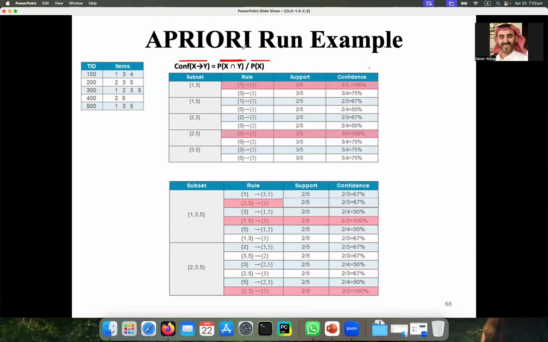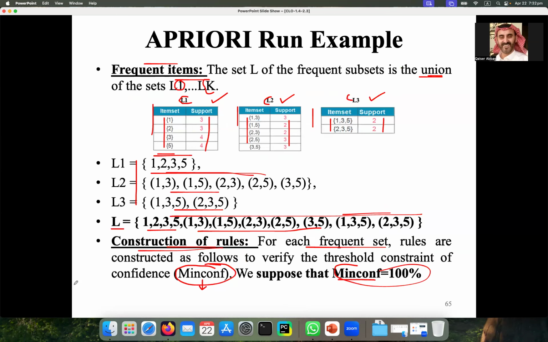So, we were here. Previously, we took the union of all these three lists, L1, L2, L3, and we reached L. Now we are saying that from this union, we have to identify the frequent items with respect to some threshold for the confidence.